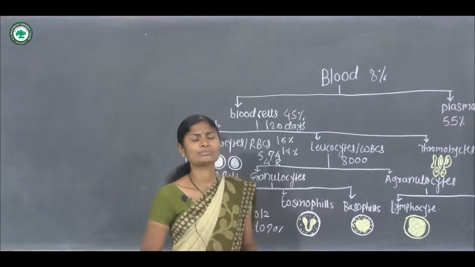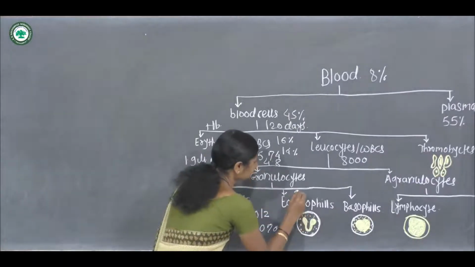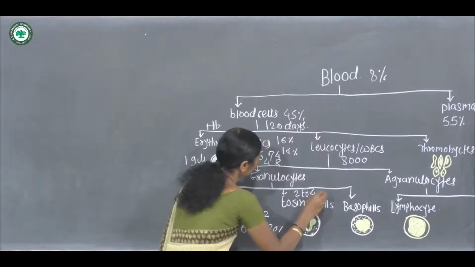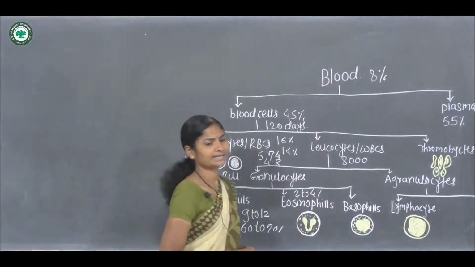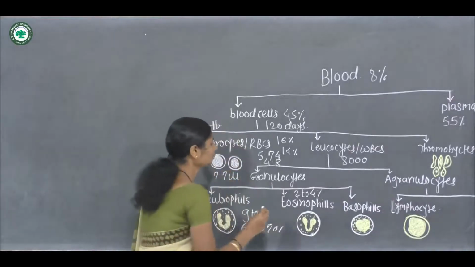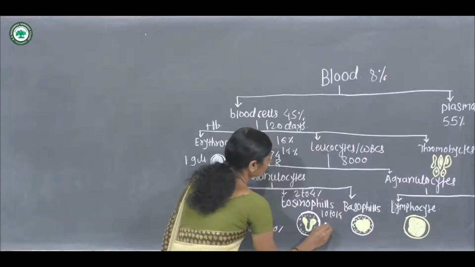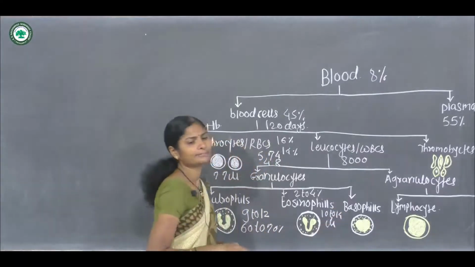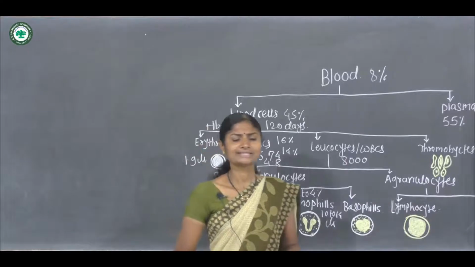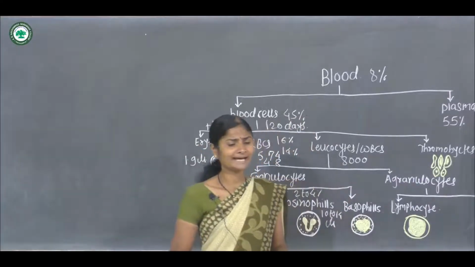Second type in our list is eosinophils. They normally constitute about 2 to 4%, and eosinophil size is 10 to 14 micron. The cytoplasmic granules are stained by eosin dye.